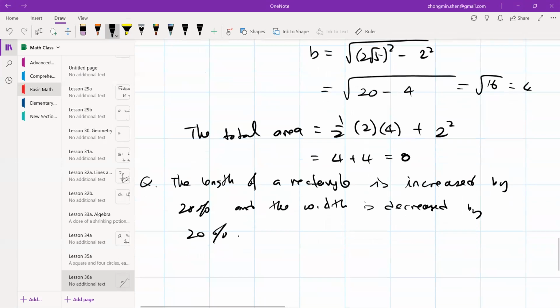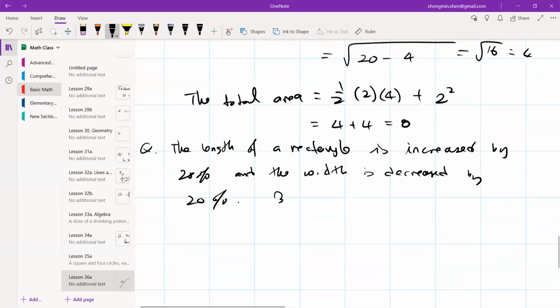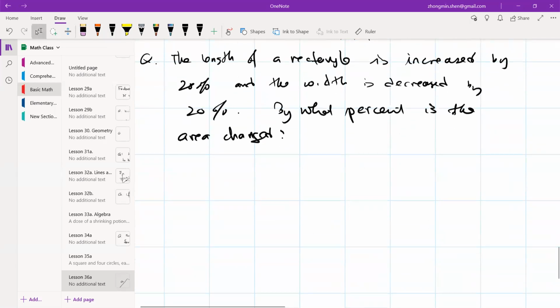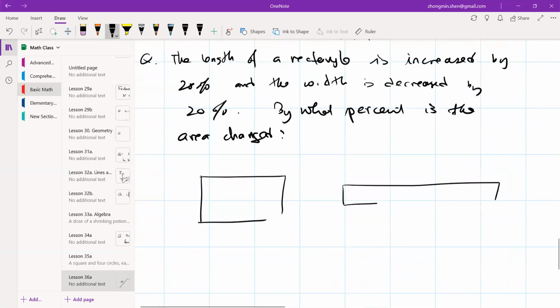My question is, by what percent is the area changed? Right. So the width is decreasing and the length is increasing. So this is a rectangle, and it's getting longer, okay? Length is increased, the width decreased.